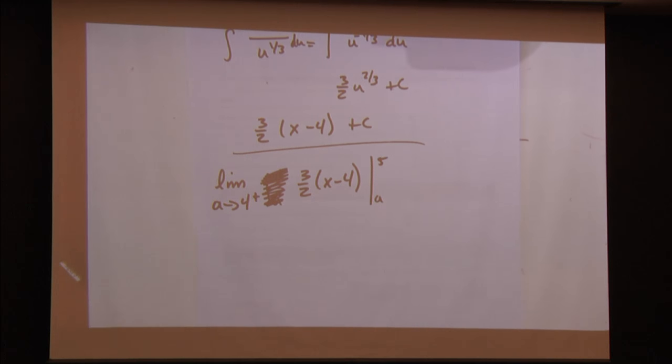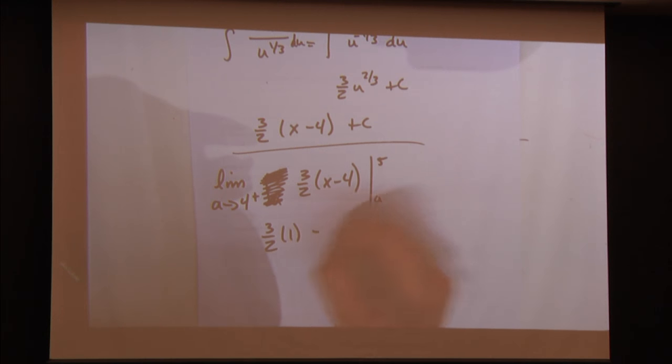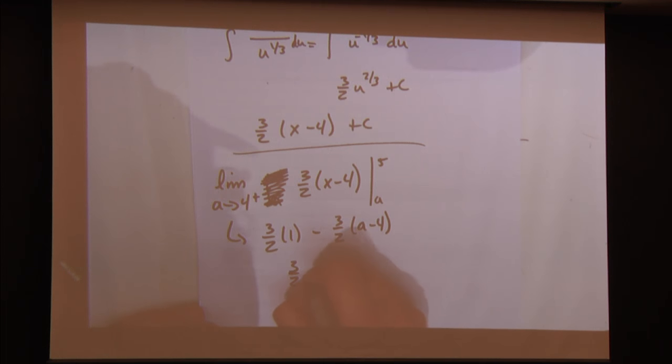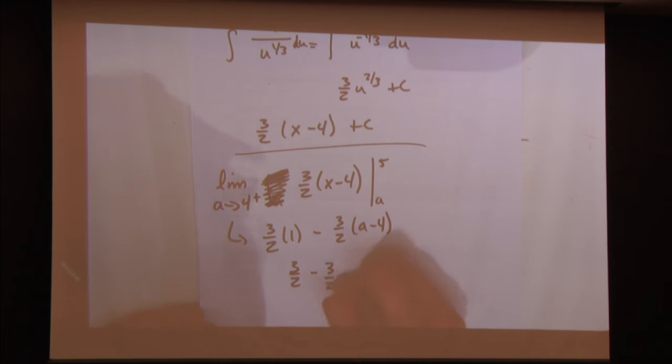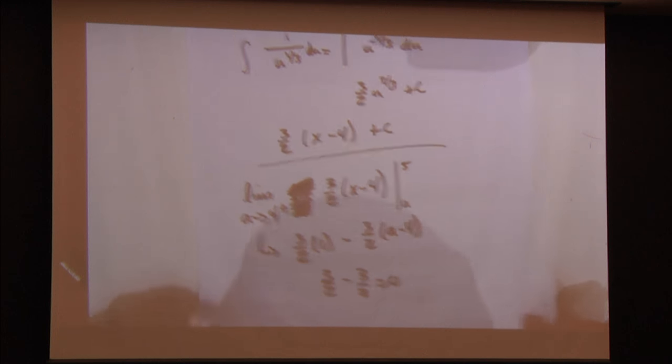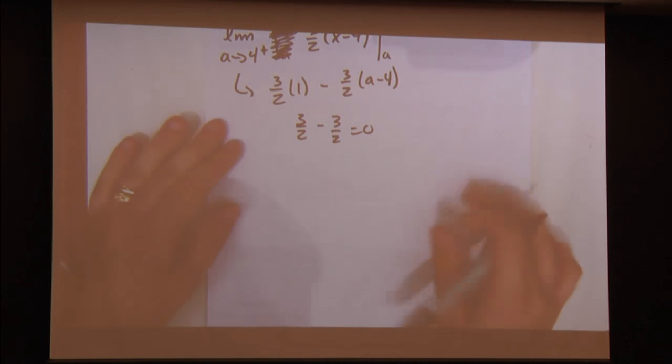If I do that, then it'd be 3/2 times 1 minus 3/2 to a minus 4, limit. If I plug in my limit, it's slightly more than 4, therefore it's a positive number, therefore this sign doesn't change. So it'd be 3 over 2 minus 3 over 2, which is equal to 0. It happens. Okay, so the next side.